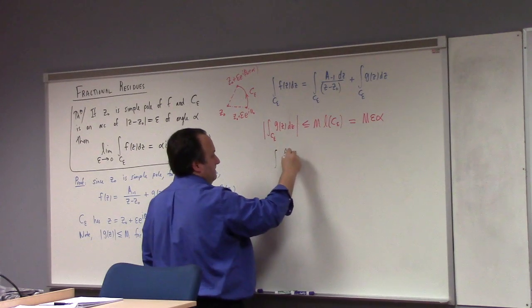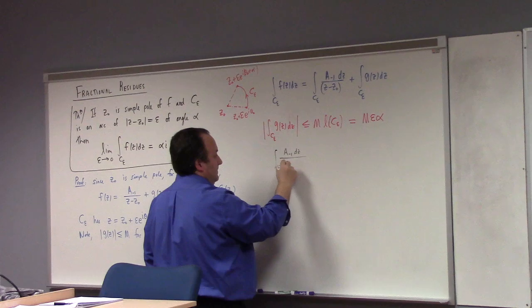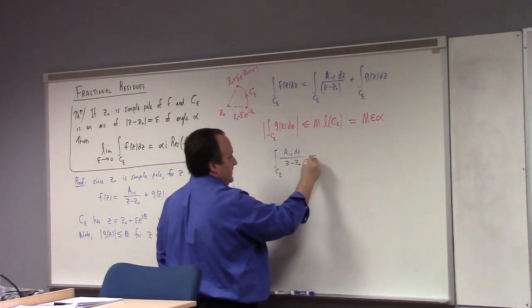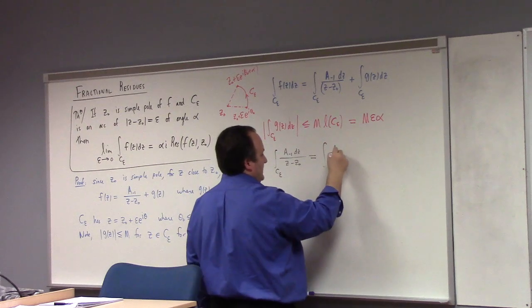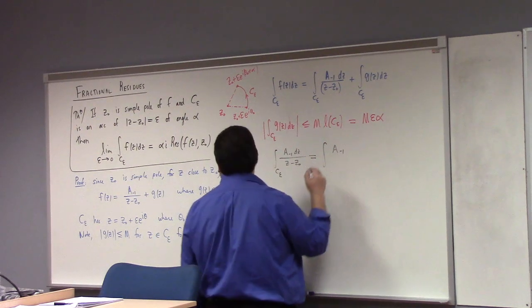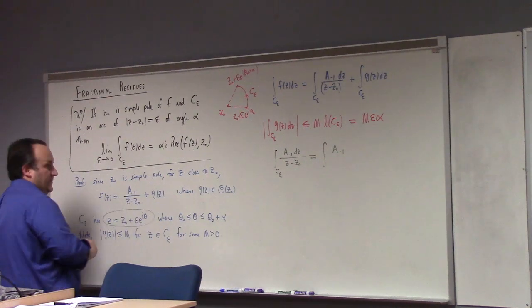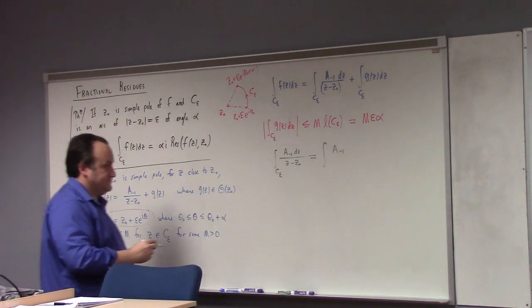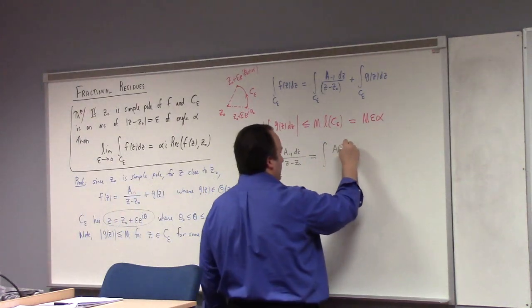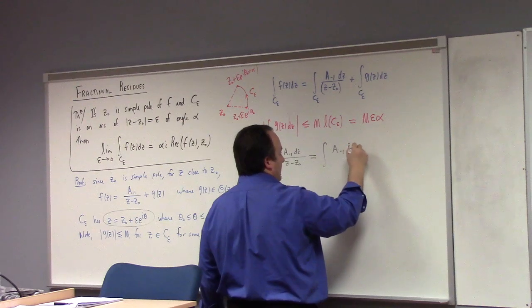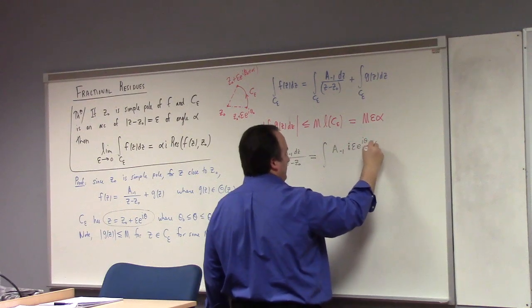On the other hand, the other piece of this, the integral, let's just calculate it. So this would be the integral of a sub minus 1, and remember z is equal to this right here. So dz is what? i epsilon e to the i theta d theta.